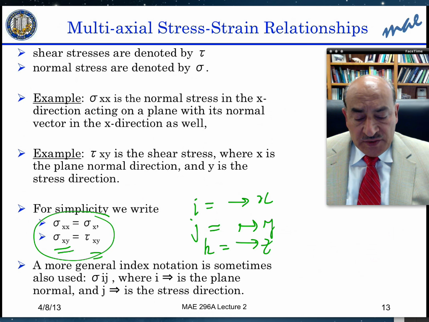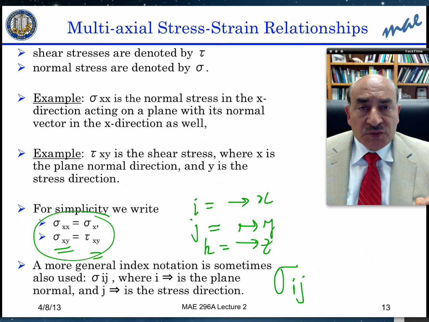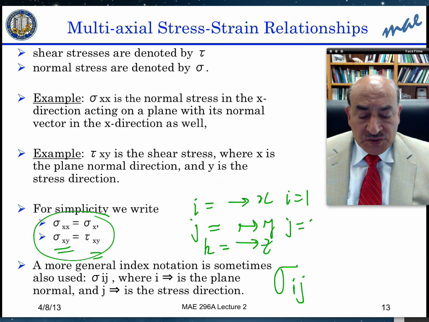So if I write sigma ij, it means that this is the stress where the force is in the i direction, and the normal is in the j direction. In the previous example, if i is in the x direction, then i equals 1. And if j is in the y direction, j equals 2.